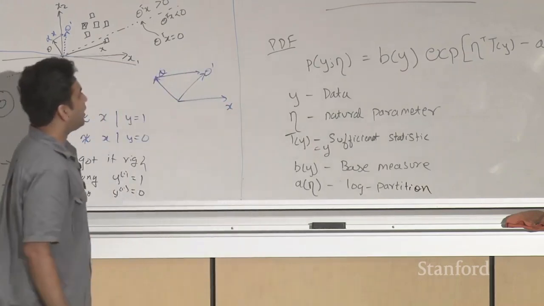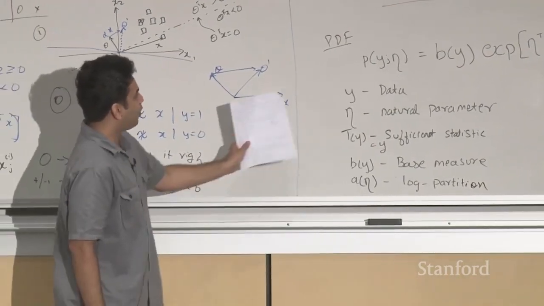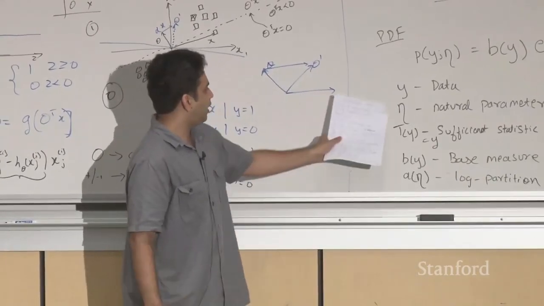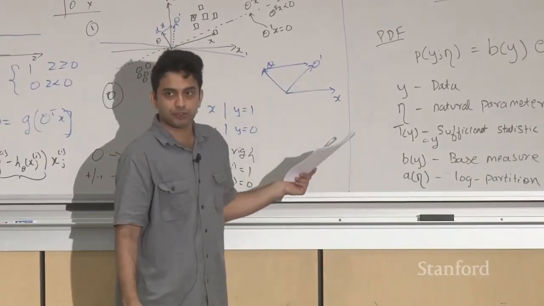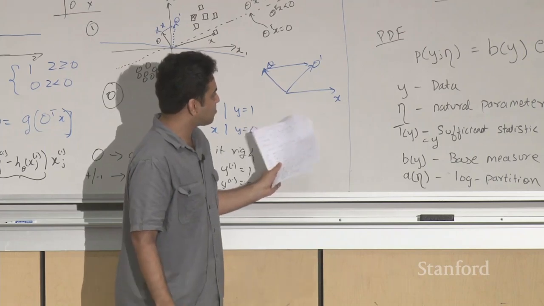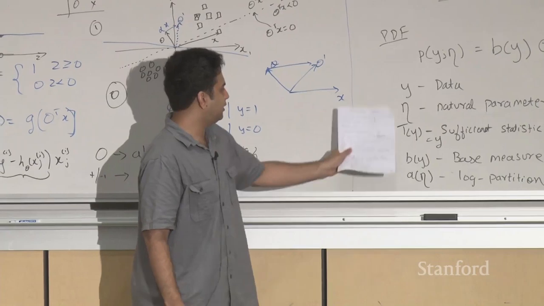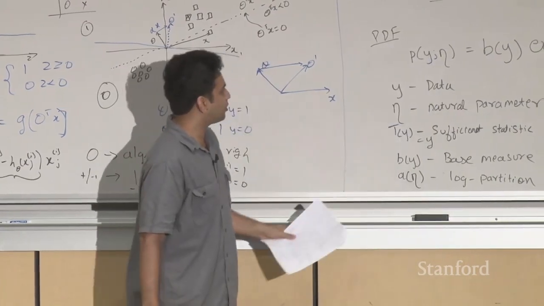So again, Y is the data that this probability distribution is trying to model. Eta is the parameter of the distribution. T of Y, which will mostly be just Y. Technically, T of Y is more correct.